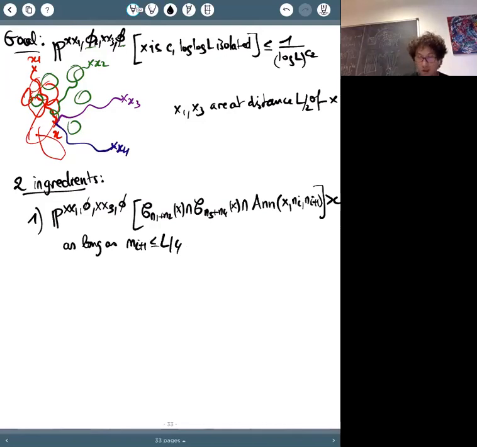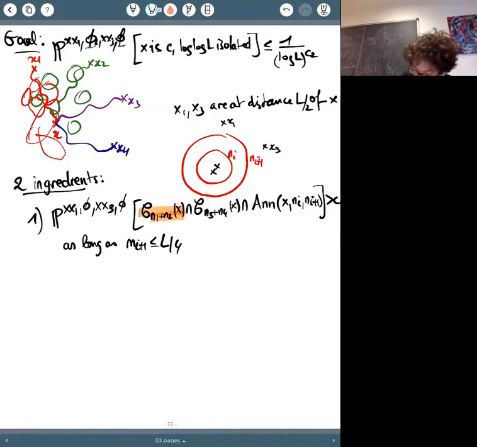Okay, so you have x1, you have x3, and you have x. As long as you are looking at annuli in the middle, the two clusters intersect with positive probability. That will be the first ingredient.